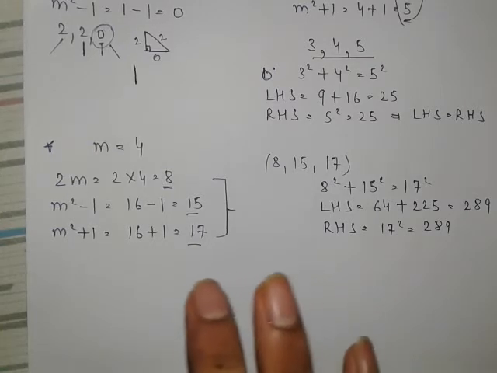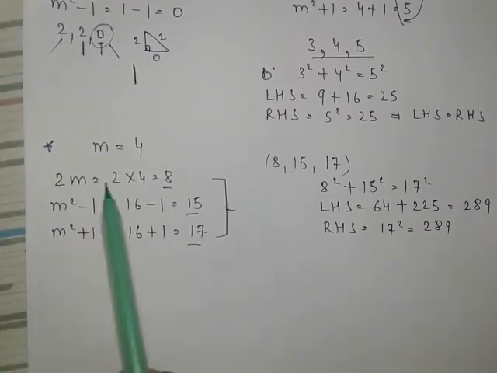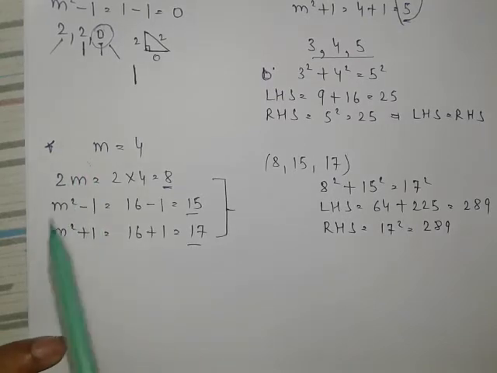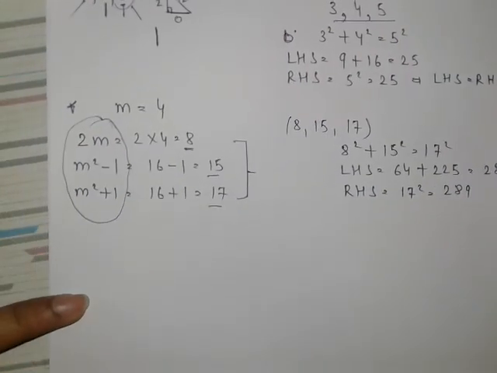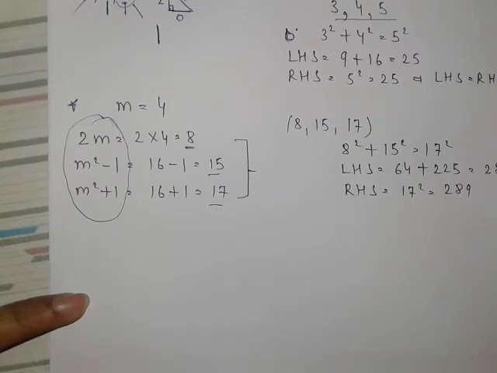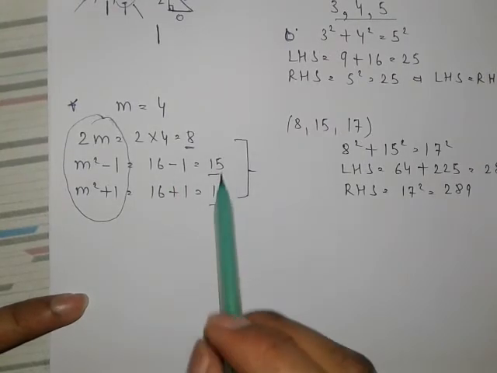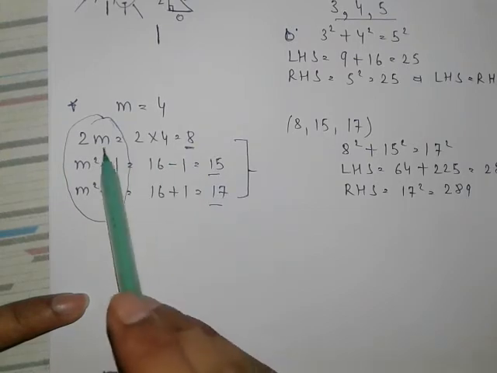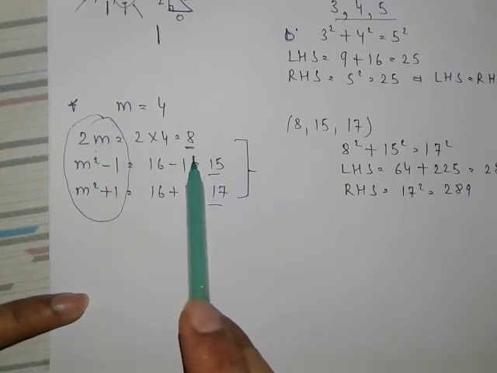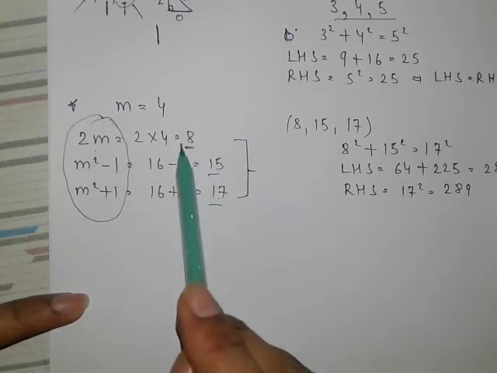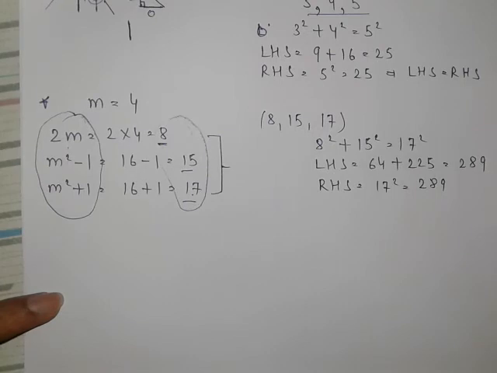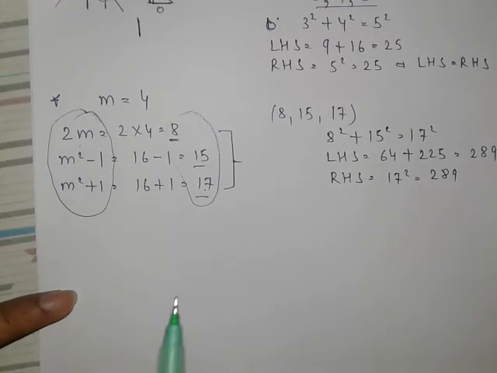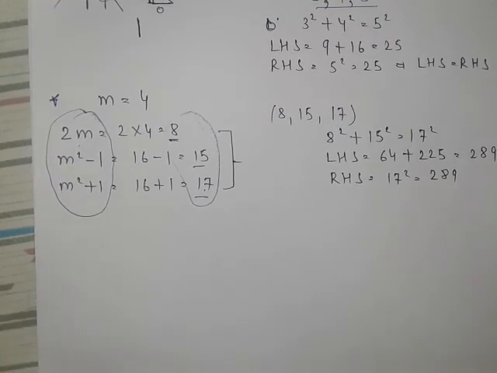So we can say that by putting the value of m in this we can find the Pythagorean triplet. So you have to remember that the numbers you get after putting values in these are the Pythagorean triplet, these are not the squares of the Pythagorean triplet. You have to take care of this.